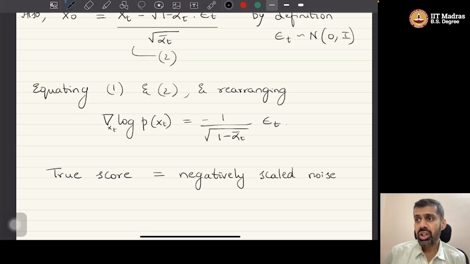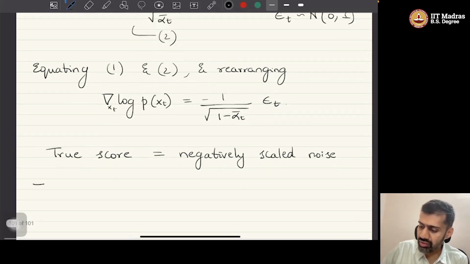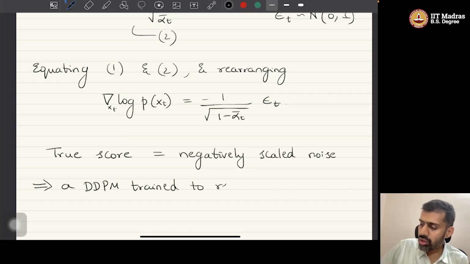Okay, now what does this mean? This also implies that a DDPM trained to regress over noise.